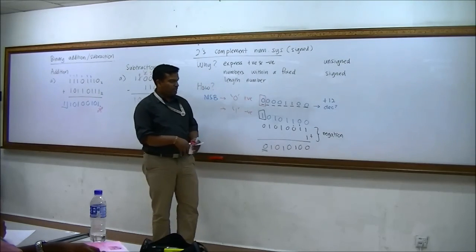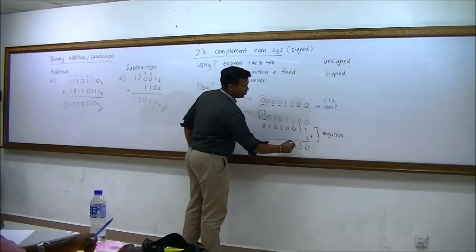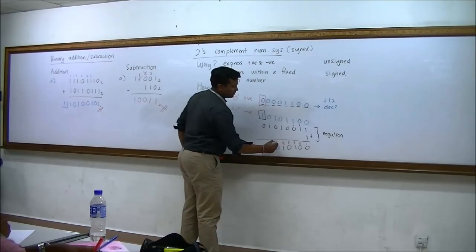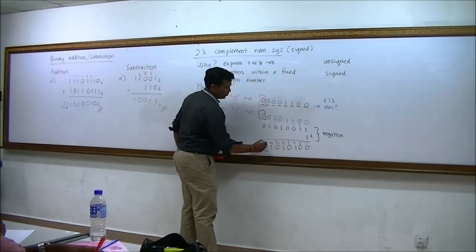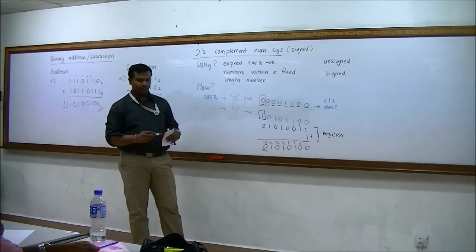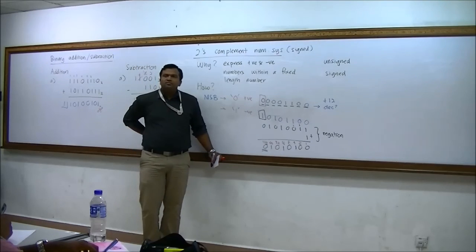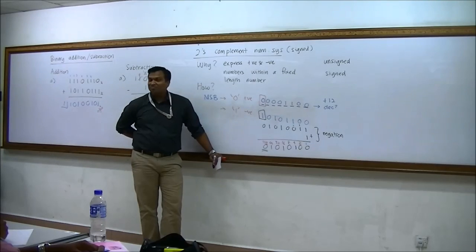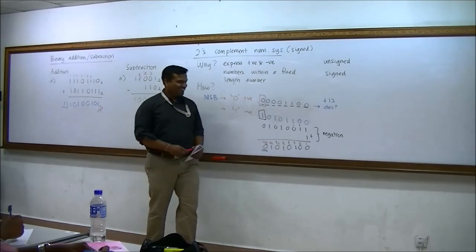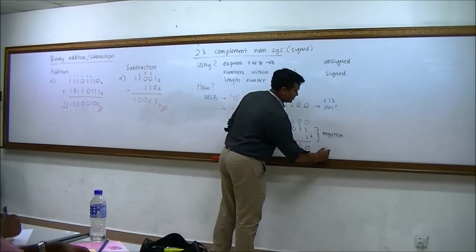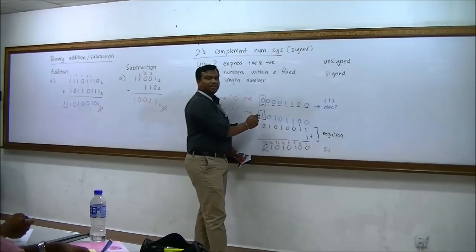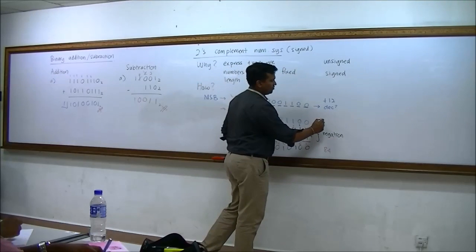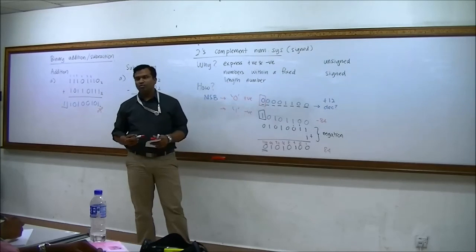The weightages are 1, 2, 4, 8, 16, 32, 64, 128. 64 plus 16, easy maths, plus 4, 84. So you know that this number is actually negative 84.